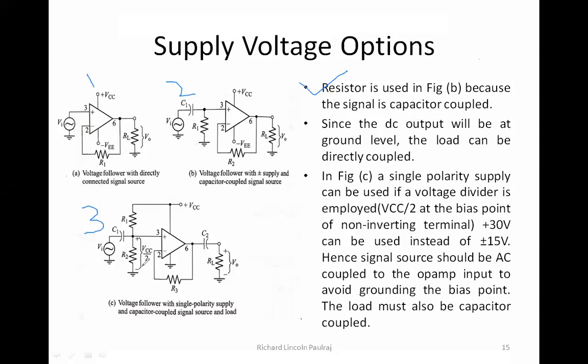If I have R1 and R2 connected in a voltage divider fashion, then only I can use this kind of configuration. Say for example, instead of using plus 15 volts and minus 15 volts, here I can directly use plus 30.